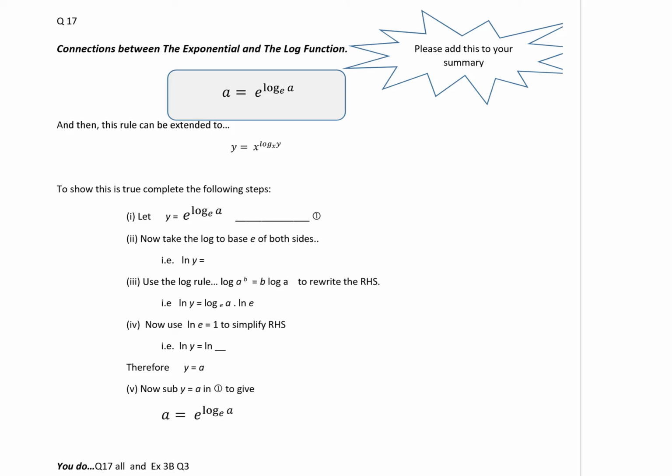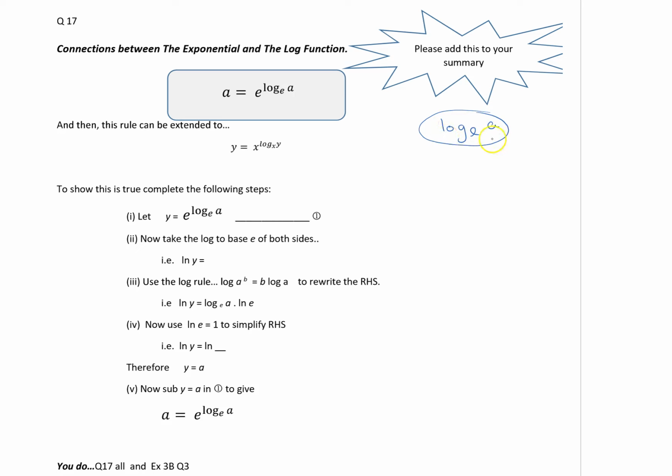This property that is introduced and has examples in question 17 is a very significant property, in that it shows the connection between the log and the exponential. If I had a number, say this number A, and I took the log to base e of A, so I've done a calculation on A, and that calculation is I've calculated the log to base e.